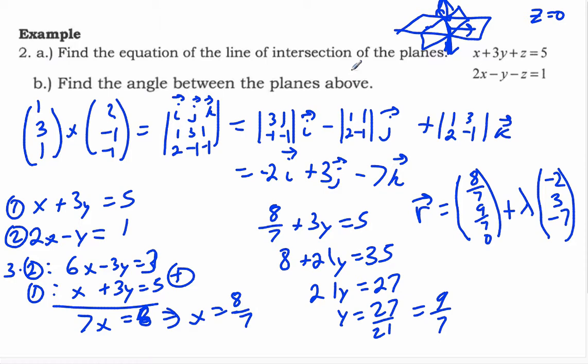You can use the equation cosine theta equals the dot product of the normals divided by the product of the magnitudes of the normals. Okay, and then you can calculate theta that way. We're not going to do that right now. We're going to go on to the next problem.